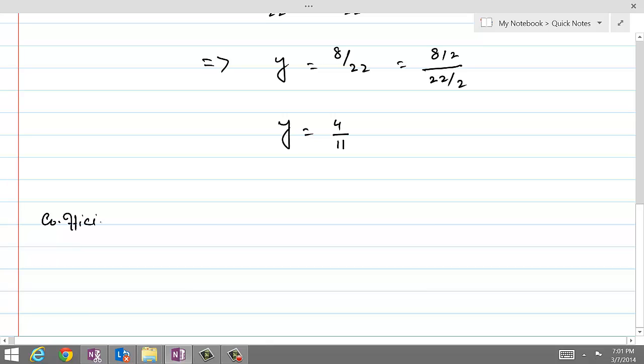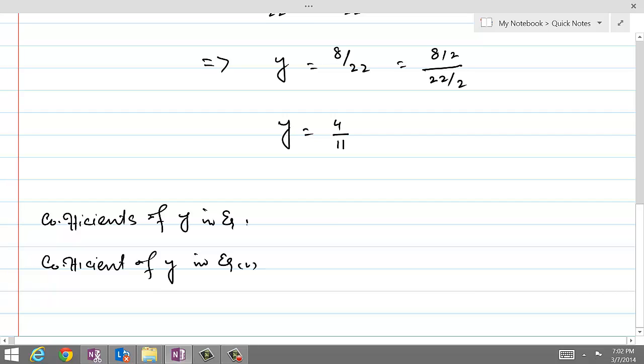The coefficient of y in the first equation is plus 3, therefore we write just 3.